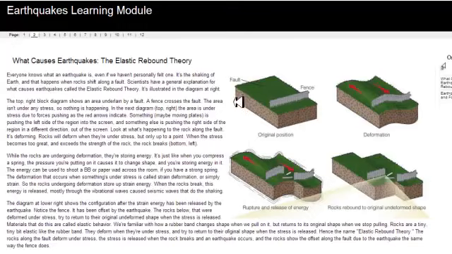Right, so here's the learning module, and it's on the second page. It talks about the elastic rebound theory, and has a diagram from your textbook. The idea behind the elastic rebound theory is that when rocks are under stress, they undergo deformation. And when they're deforming, they're actually storing up energy.